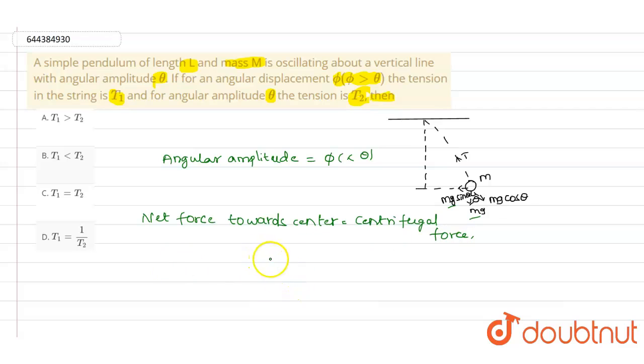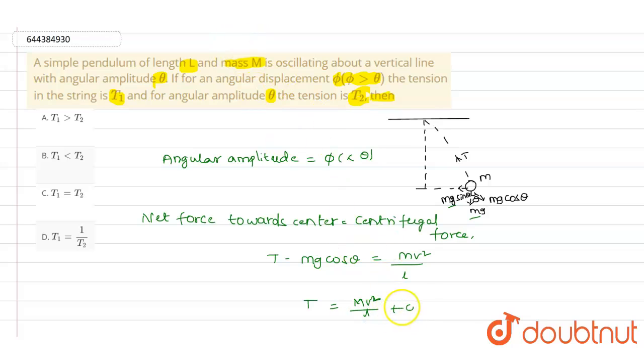So according to this we can write T minus mg cos theta equals mv square divided by L. So T will be equal to mv square divided by L plus mg cos theta.